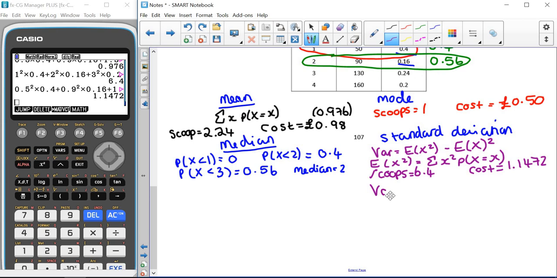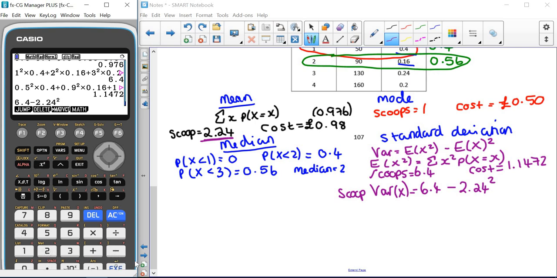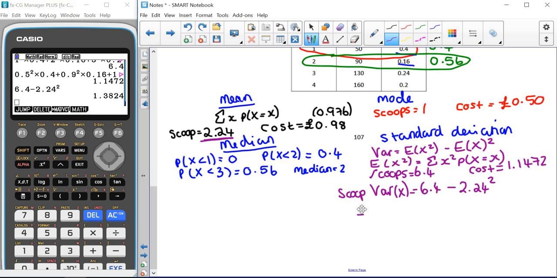So when we're trying to find the variance, we're using our E of x squared, so for the scoops, using our E of x squared minus E of x, which remember is the mean, which is 2.24 squared. So that's 6.4 minus 2.24 squared, which gives us 1.3824 for our variance.